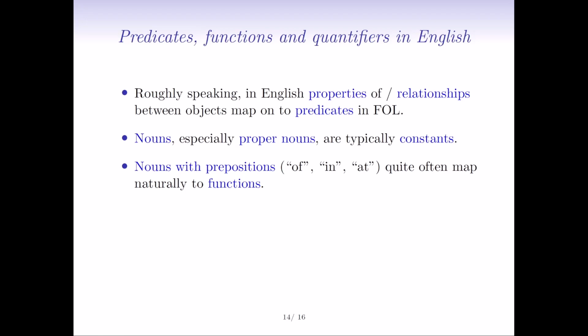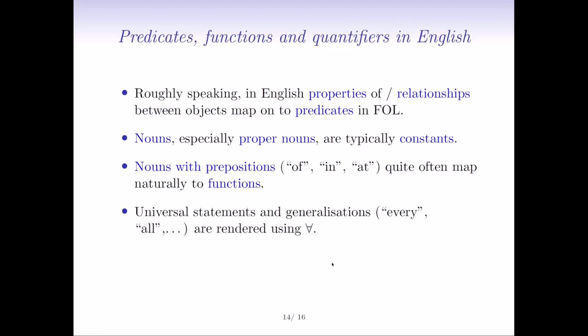But it's probably true of other things. If I say something like the bar of the pub, then you can think that the pub is an object, a constant, and bar of is a function. Although that's not the only way of doing things, it's often quite natural.